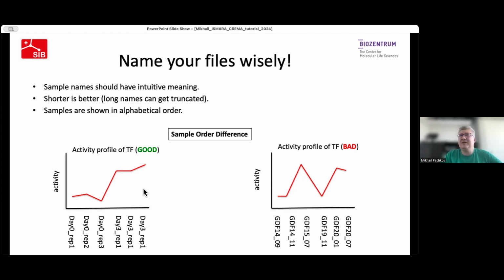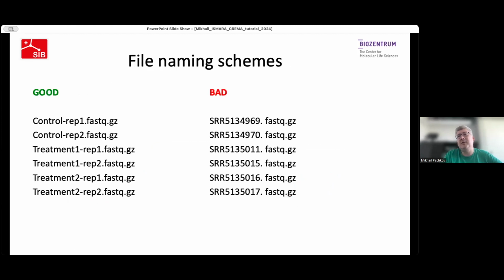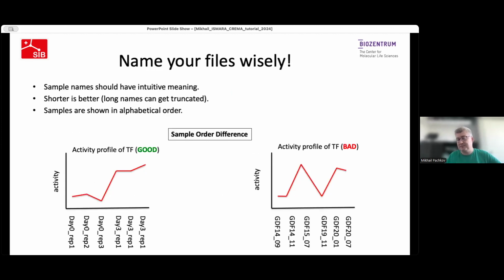I'm sorry, I have missed one important point. When you upload data to ISMARA, ISMARA takes the file names as sample names. And all the data later on, for example, on motif activity profiles, are represented following the alphabetical order of these file names.